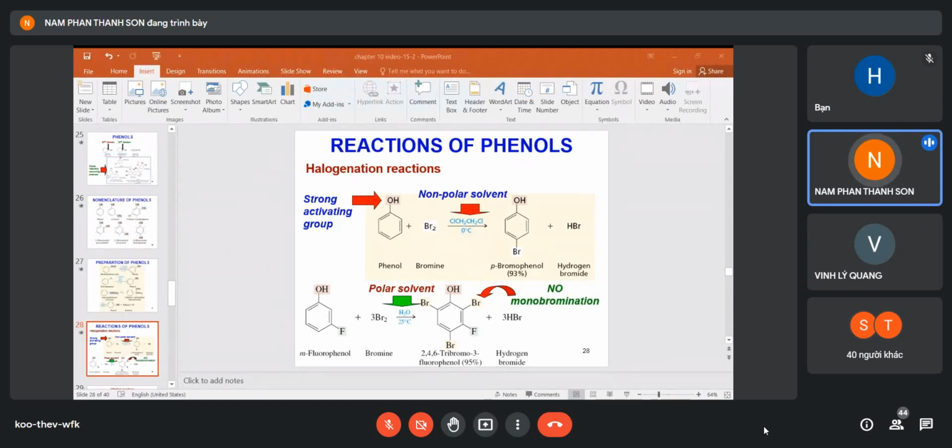What about the second reaction, the second substitution reaction, what is it? HNO3. What is the name of that reaction? The nitration reaction.